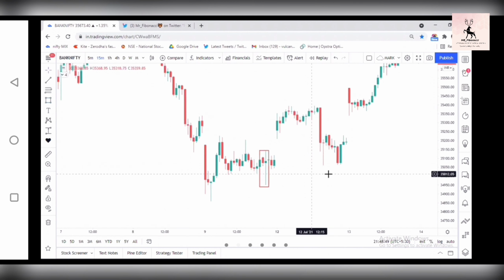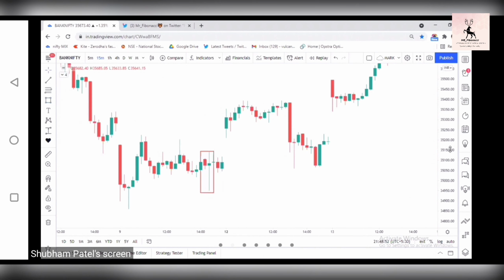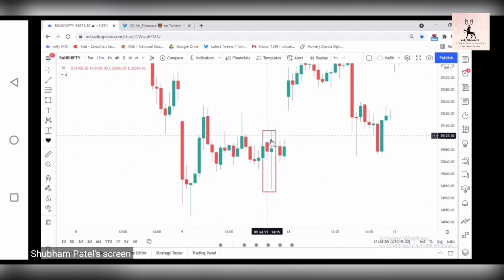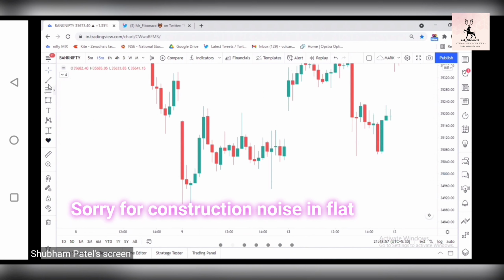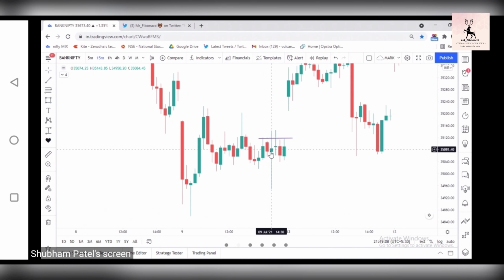This is Bank Nifty, and that candle just took the stop above the previous candle on the 15-minute time frame. Our stop is also taken by that candle.